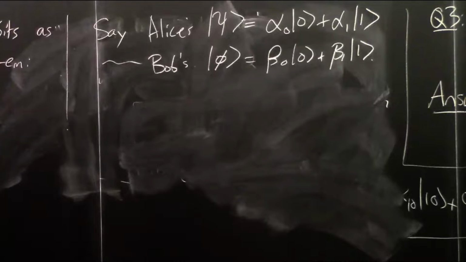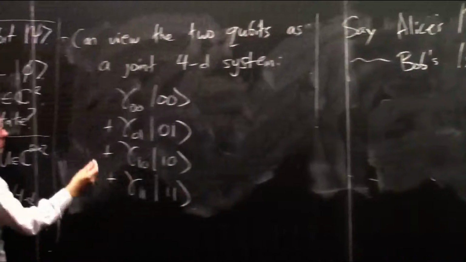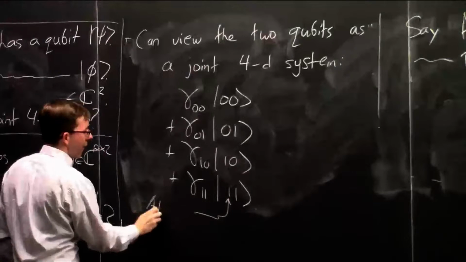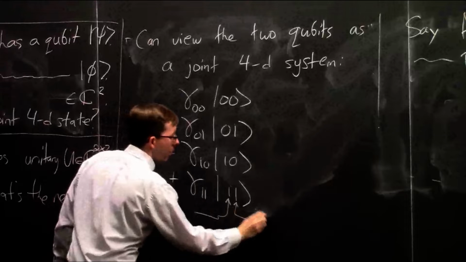And suppose they both flip their coins. What is the probability that you'll have 0,0? What is the probability that you'll have 0,1? That you'll have 1,0, and that you'll have 1,1? Okay, let me just emphasize that I wrote them vertically for no particular reason, but it lets me say that the first index here represents Alice's qubit, and the second one represents Bob's.